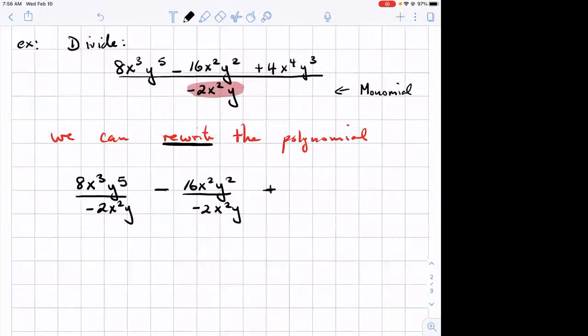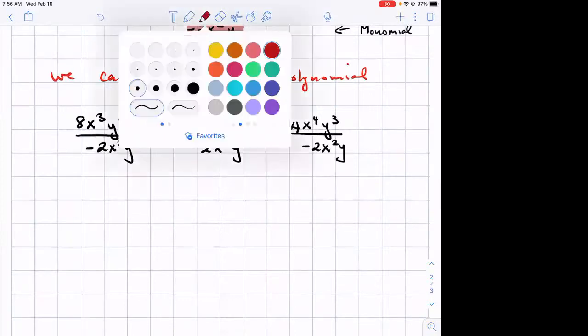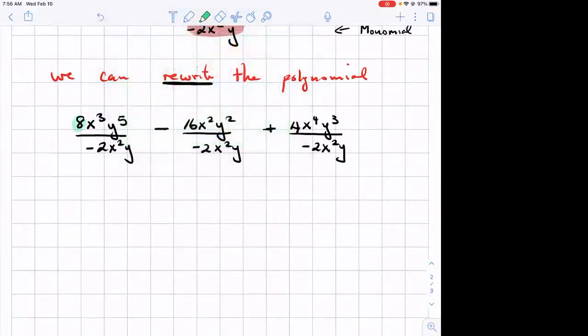And then we have plus 4x to the 4th y cubed over minus 2x squared y. And we divide as we did before. So what is 8? It's a positive 8 divided by negative 2. Since there is a positive there that we don't see, here we have negative 4.